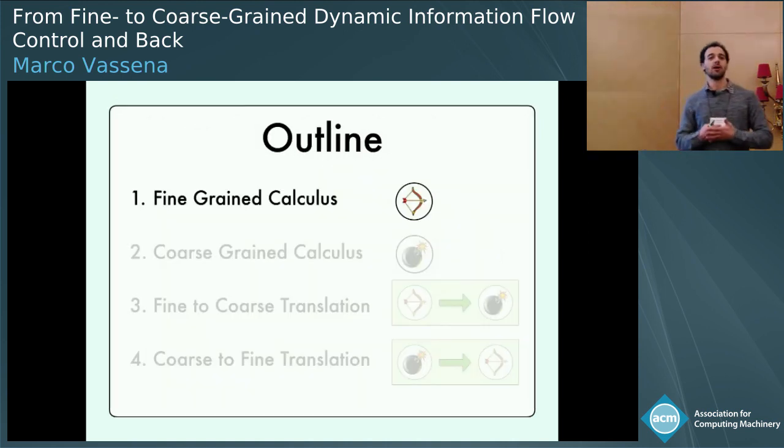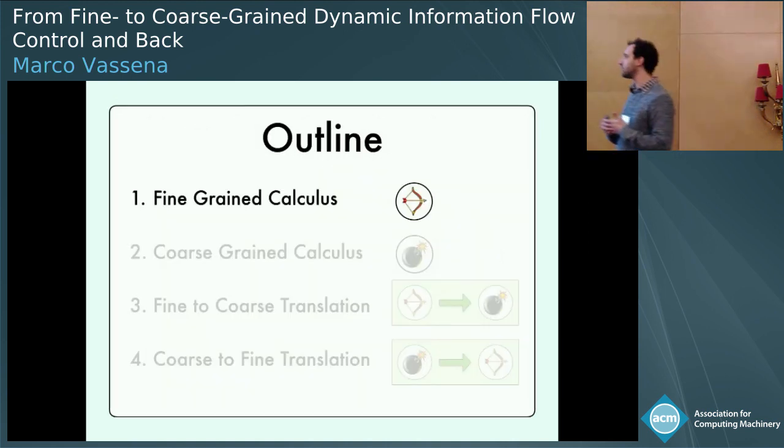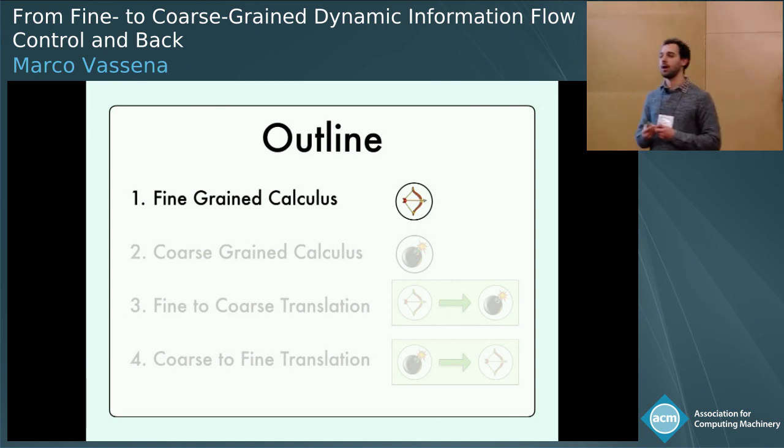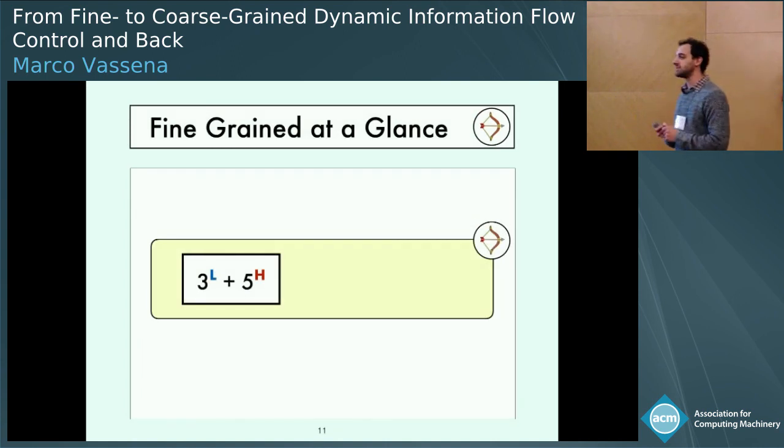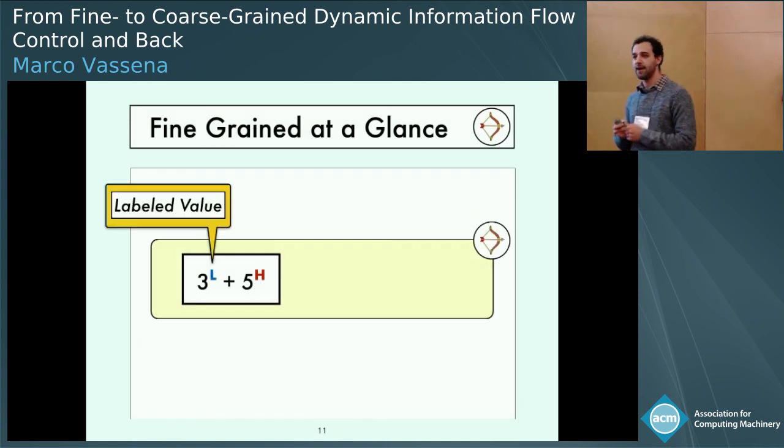So in the rest of the talk, I'm going to present the two calculi, the fine-grained and the coarse-grained calculi, and their respective transformations. Now, since the fine-grained calculus is supposed to be more precise, I'm going to use the arch and arrow for fine-grained programs. Now, this program computes the sum of two numbers, and in the fine-grained system, those values are labeled.